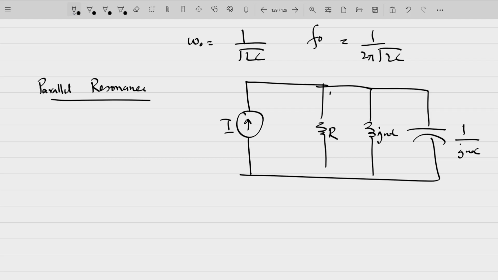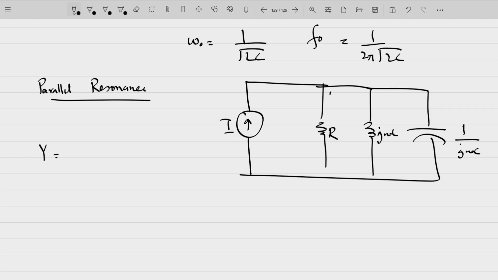Since we are taking a current source here, that means actually our current is fixed for the system. The magnitude of current is actually fixed for the system. In the previous case for a series RLC circuit, we took voltage source. The voltage in case of a series RLC circuit, the magnitude of voltage remains fixed. For a parallel RLC circuit, the magnitude of current remains fixed. And instead of taking the impedance of the system, we'll simply take the admittance of the system.